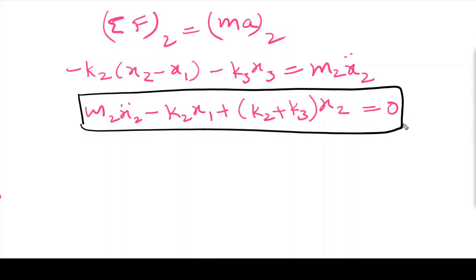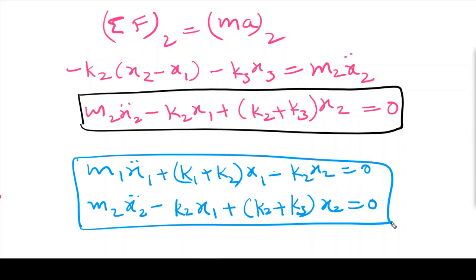So if we want to write the equation of motion in matrix form, we can do that. So let us see how we can convert these equations of motion in matrix form. So we write these two equations together. Let me write them again. So we will write these equations of motion in matrix form.